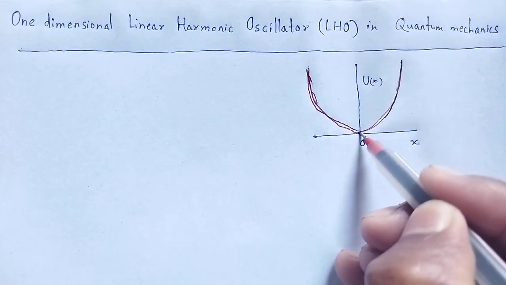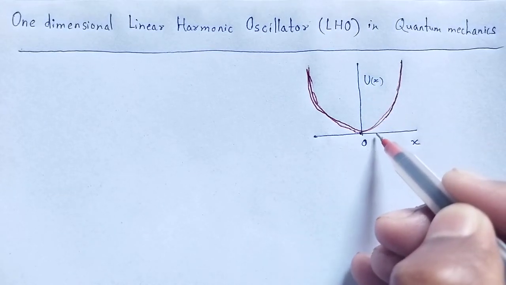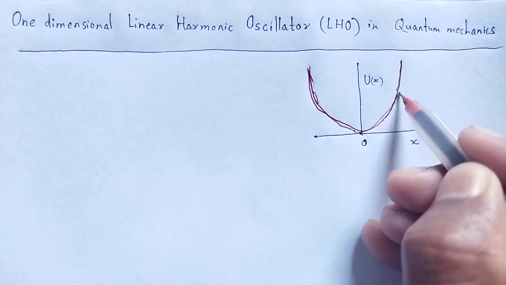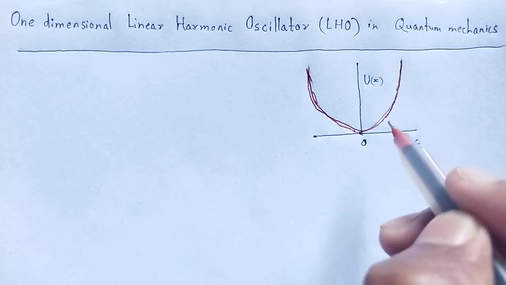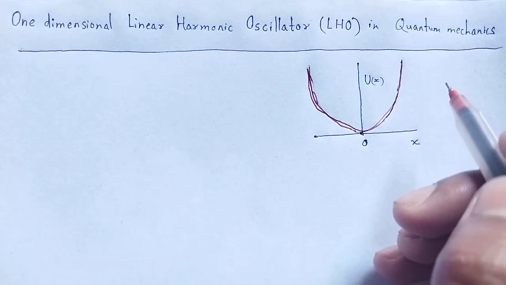That means at the mean position the potential is minimum, and after some displacement the potential gradually increases and so on. This is a typical linear harmonic oscillator.